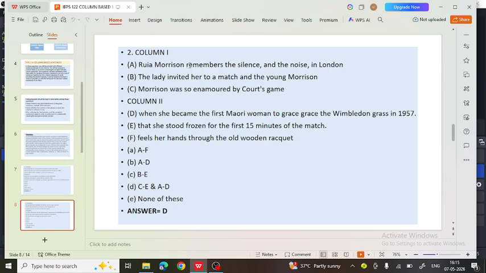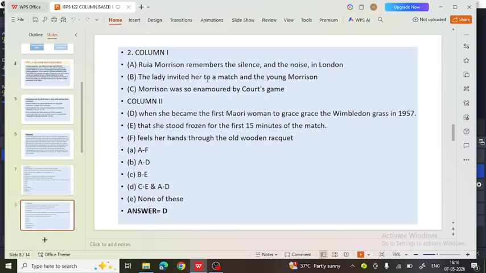Ria Morrison remembers the silence and the noise in London when she became the first Marylebone woman to grace the Wimbledon grass in 1957. Okay, so this first part is related with this segment. So see the next one.